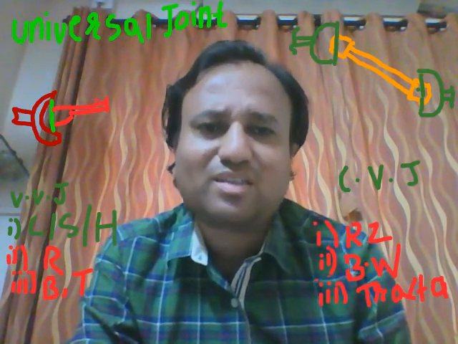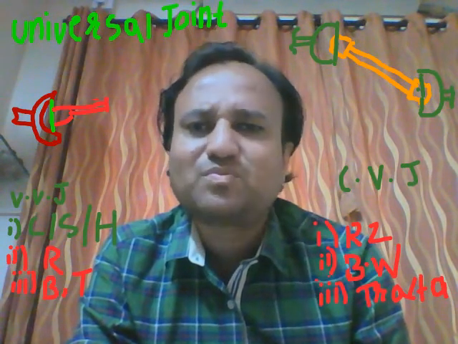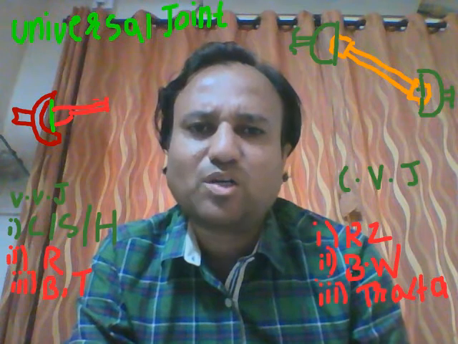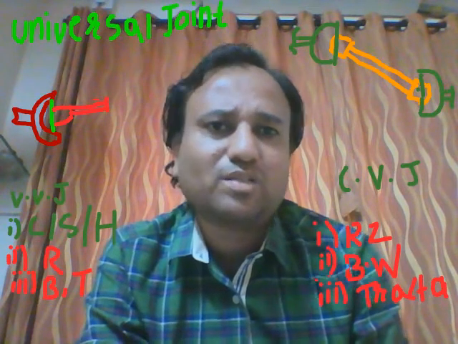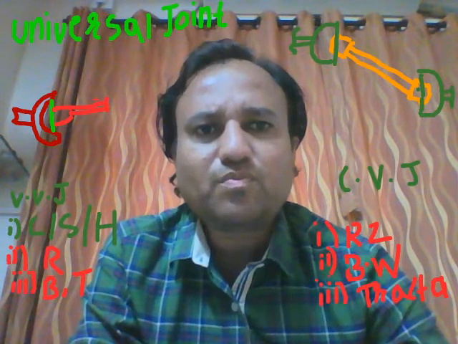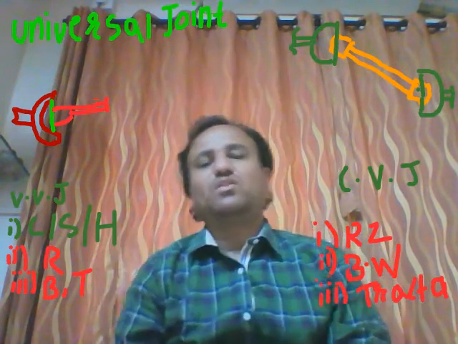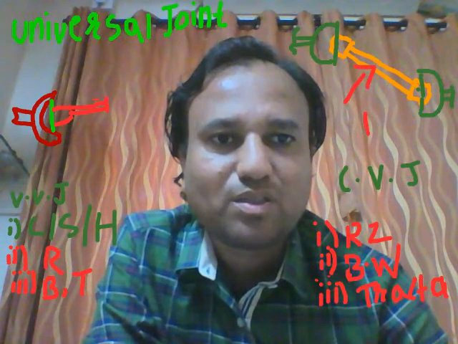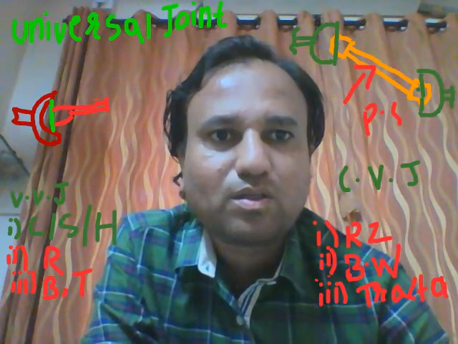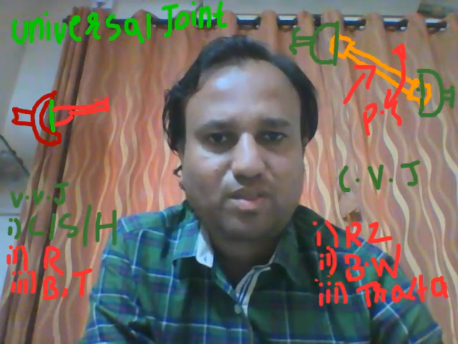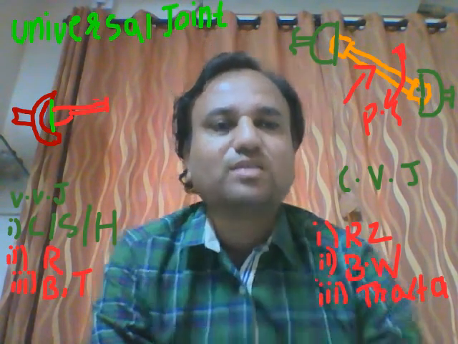Hook joint, I think you might be aware, comes under universal joint. Hook joint is nothing but a universal joint. So it allows varied angle for the movement of the propeller shaft, or some angular misalignment.